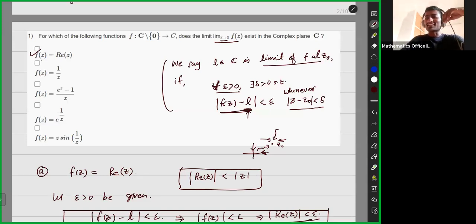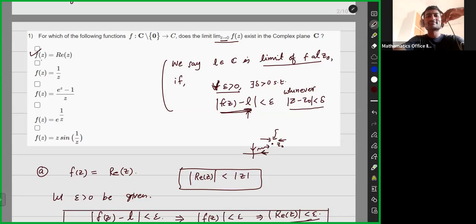No, this is not the correct way. Whenever it is plus infinity or minus infinity or whatever, we say it does not exist, unless we get a fixed complex number where it converges. Simply saying that it is going to infinity is the wrong way to say it.